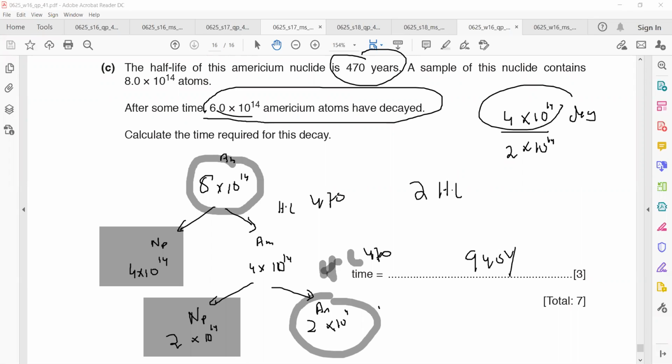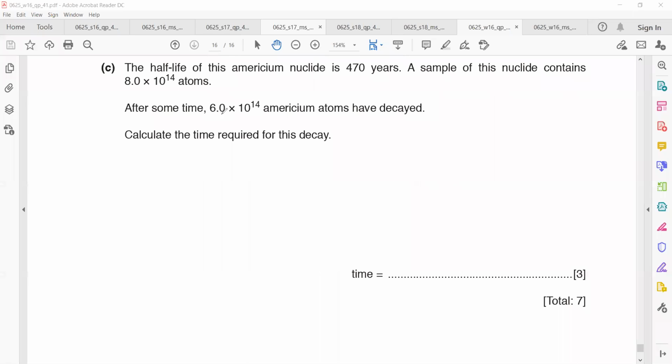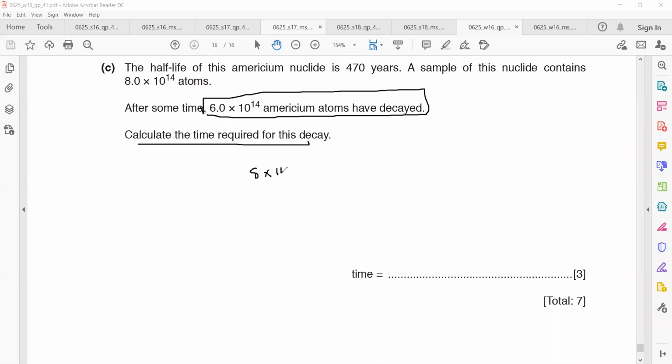Is it clear, this question? Look, in the question, they're saying after some time, 6 exponent 14 atoms have decayed. We need the time. How much time will it take for 6 exponent 14 americium atoms to decay? So in the beginning, we were having 8 exponent 14 americium atoms.